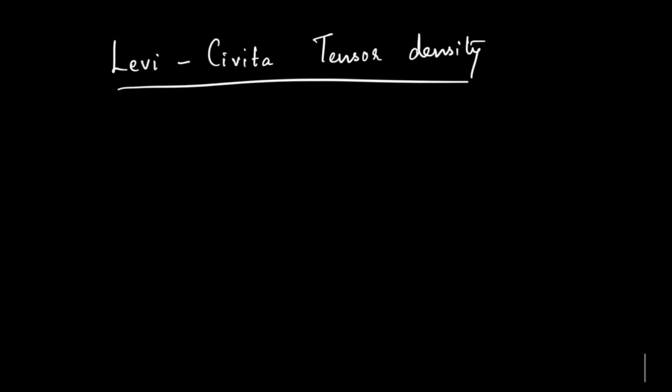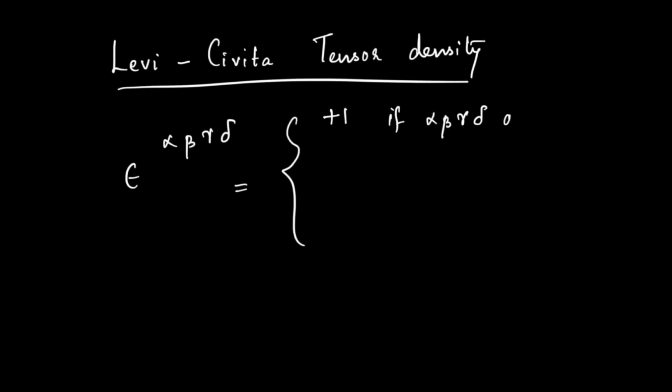So we are all familiar with the Levi-Civita tensor symbol, right? Epsilon alpha beta gamma delta. It can take three values. Plus 1 if alpha, beta, gamma, delta are even permutations.